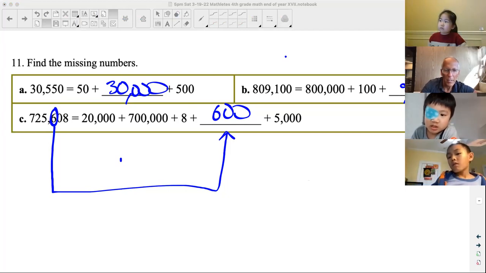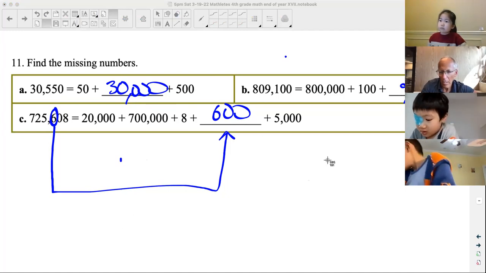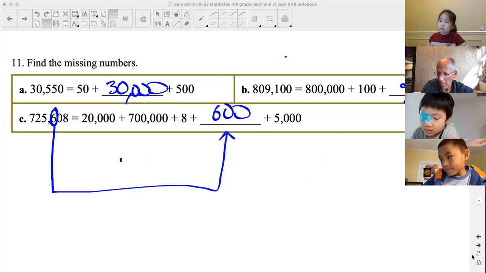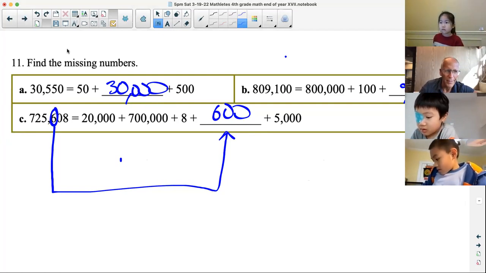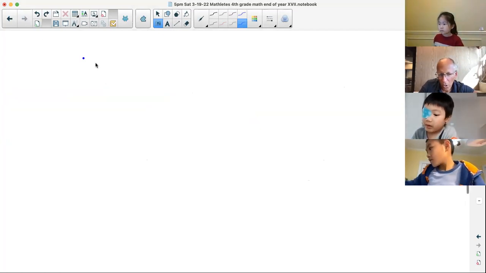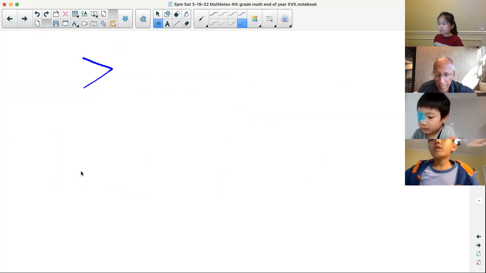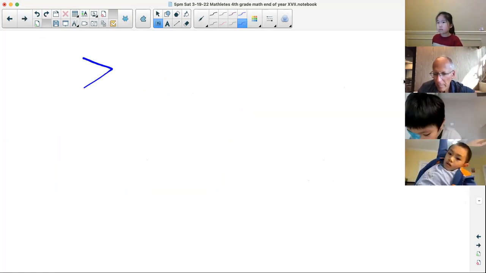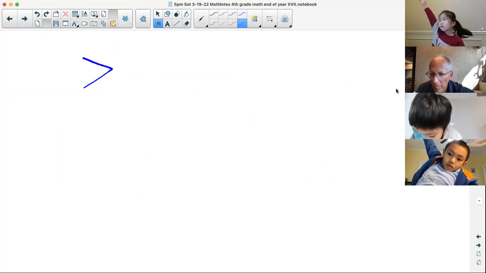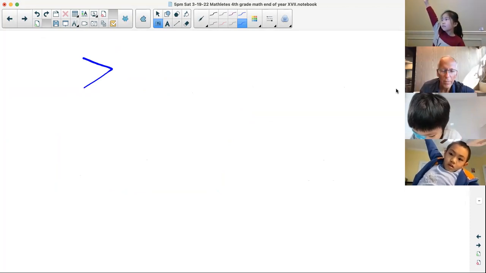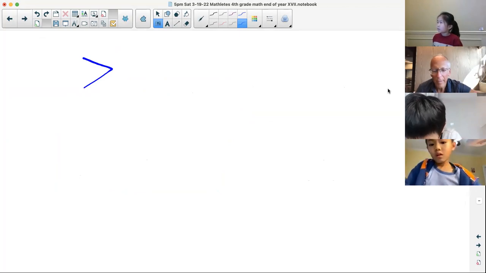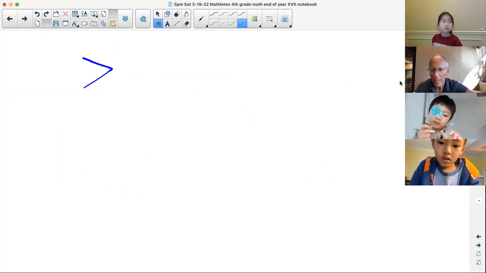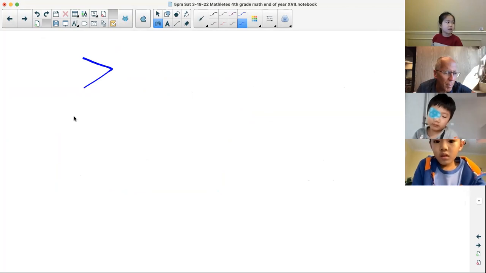All right. Who can tell me what this symbol means? Go, Eleanor. Greater than. Yeah, Jason E, you're not even paying attention. Jason E, you got to look up at the screen, buddy.